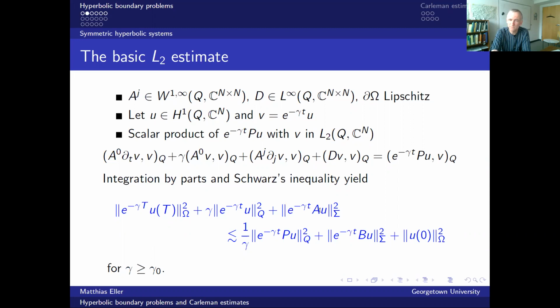So if A has full rank, then this is the full trace of U. And on the right-hand side, basically the operator, the boundary operator, and the initial data. So perfect estimate, all norms are in L2. That I feel usually is very pleasing with hyperbolic systems of first order. You can just do everything in L2. And gamma needs to be large enough, so that's the purpose we included.